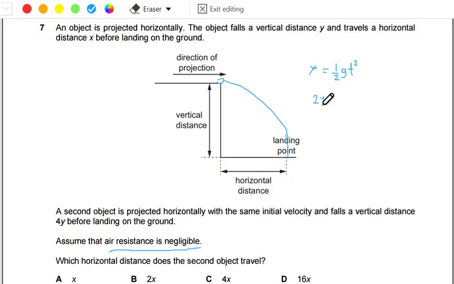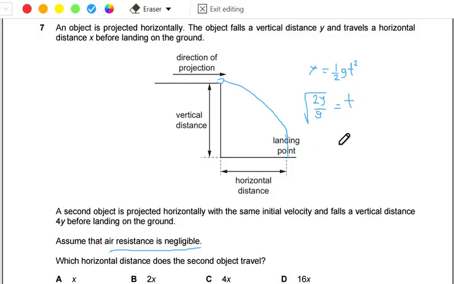We can rearrange for the time, and from this we can find that time is proportional to square root of y.